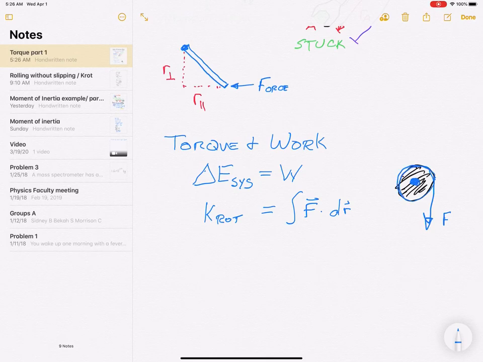It'll come off always perpendicular. So where's the movement? Well, dr in this case is the force distance. How much distance did the force travel through?